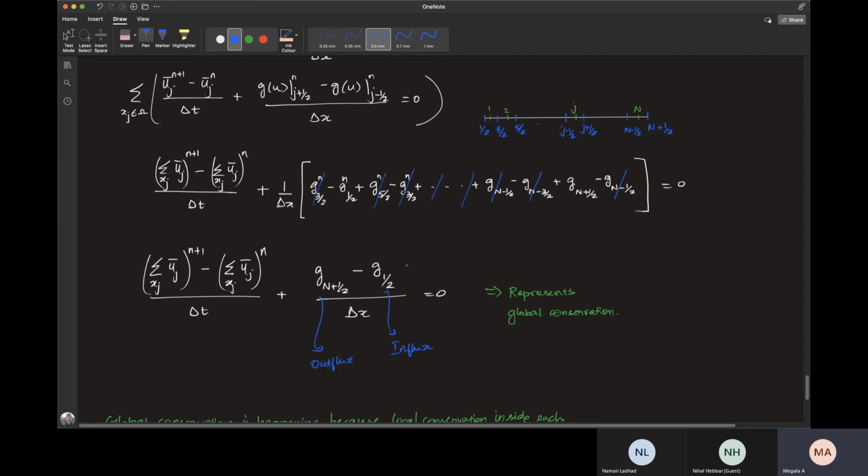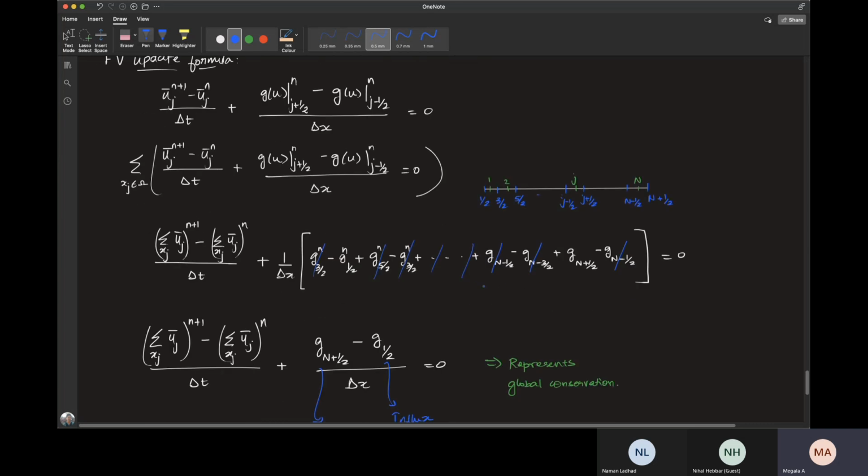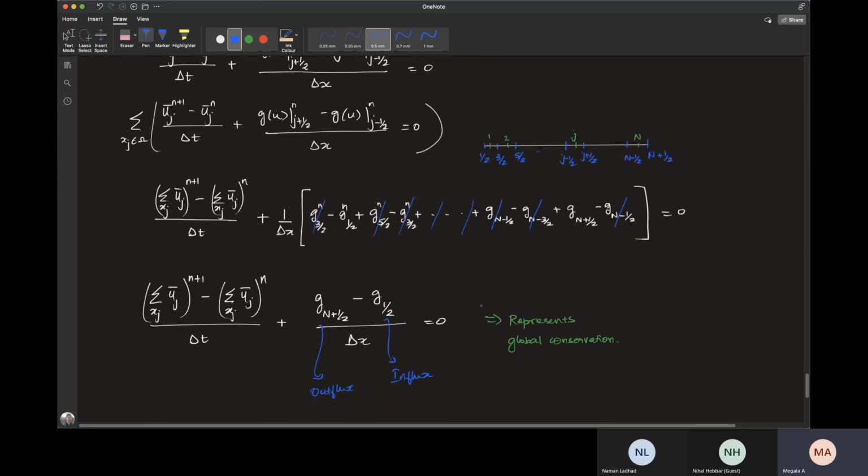Now this is essentially the outflux and influx for the whole physical domain. These were the outflux and influxes for just one cell. When you sum over them, all of the intermediary fluxes get cancelled. This process is called telescopic collapsing of fluxes.